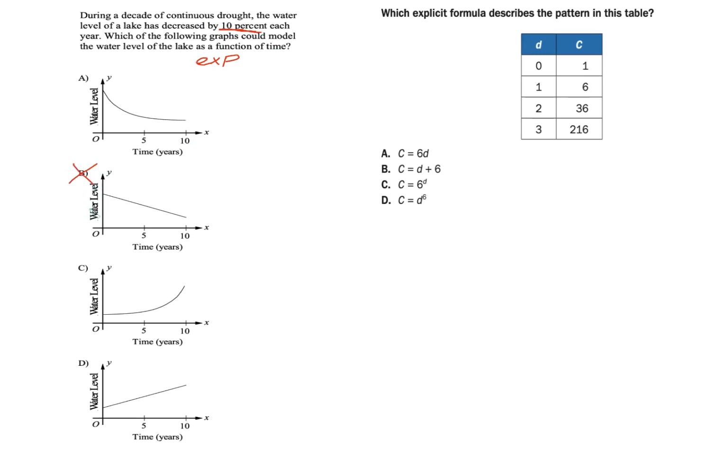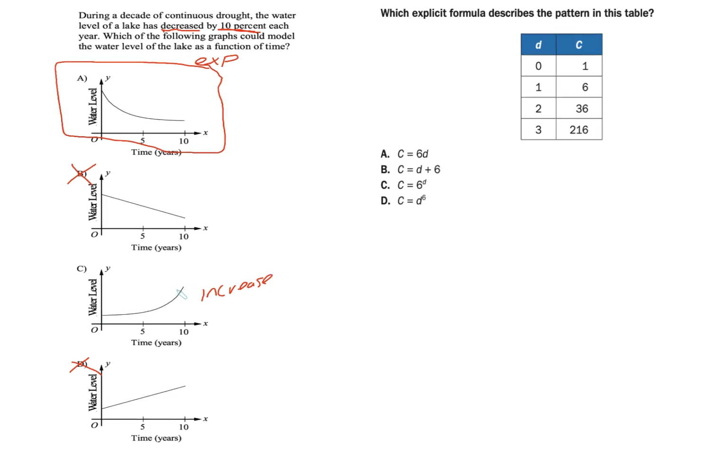Therefore, we can eliminate B and D because these are linear functions as they are straight lines. Another key word here is decrease. So our graph should be decreasing. Therefore, our answer is A. That's the only graph that's indicating a decrease. So our graph is falling. C would be considered an increase because our graph here is rising.